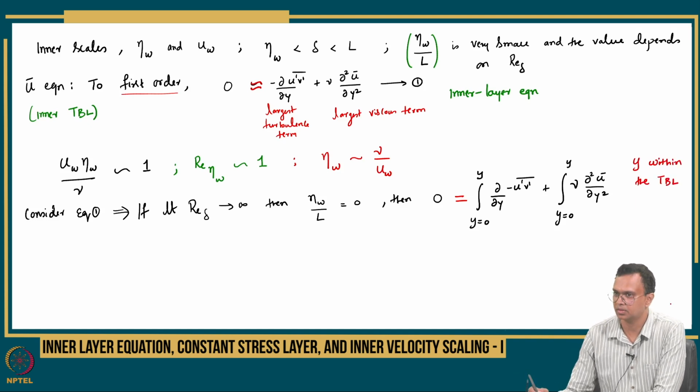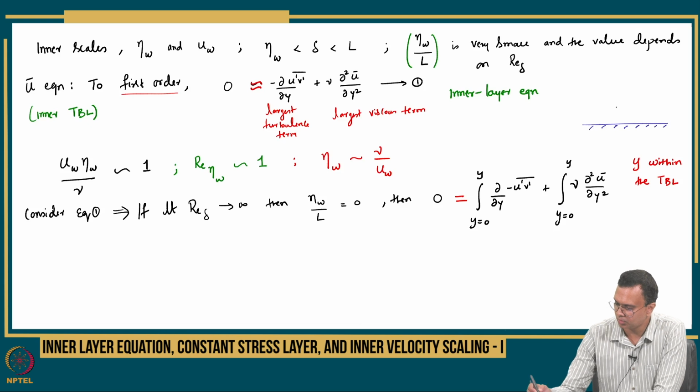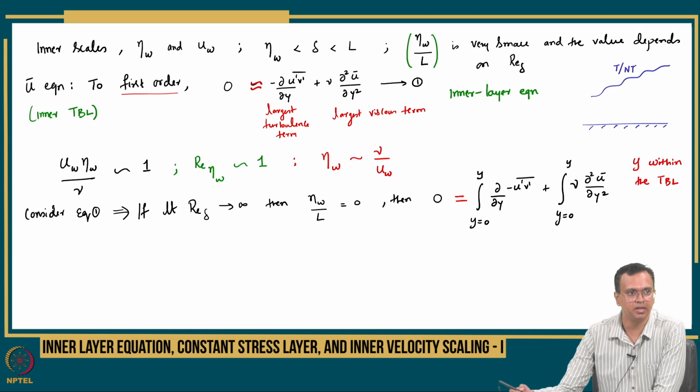That's because, if you recall the sketch that I had, a wall and then a boundary layer like this. This is the interface of what we call a turbulent non-turbulent interface. I have not introduced this term so far. So this zone is turbulent and this zone is non-turbulent, and there is a thin interface between the two zones.